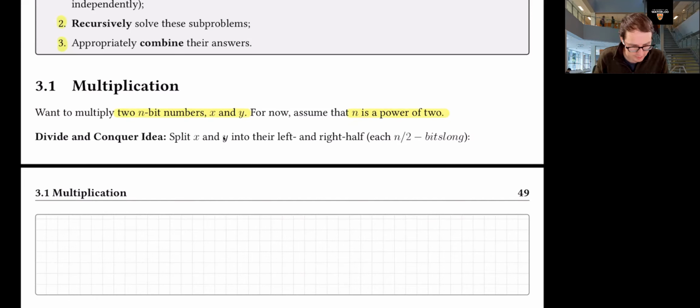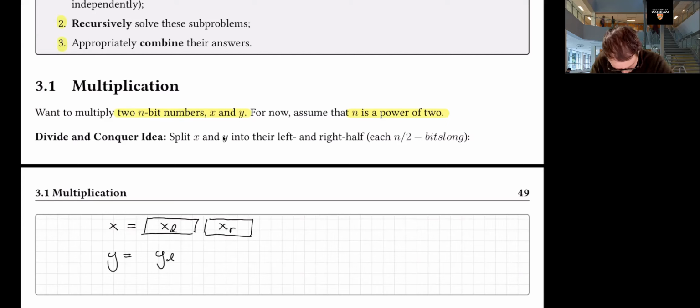So it looks like this. We write x as a left part and a right part. And similarly, we write y as a left part and a right part. And so the left part is just the bits that appear first. Let's say if it's an 8-bit number, these are the 4 bits that appear first, and then these are the next 4 bits.